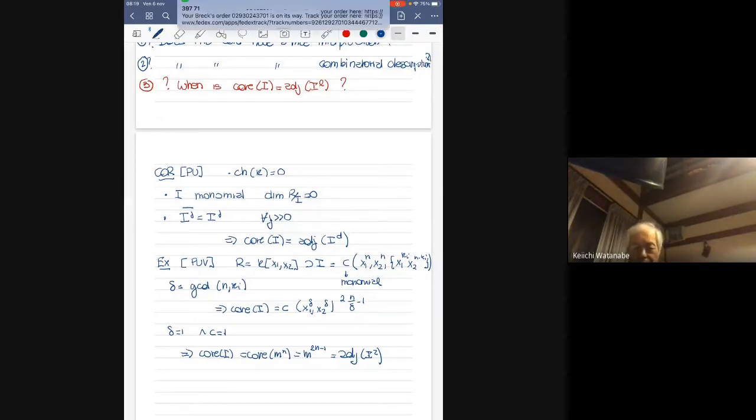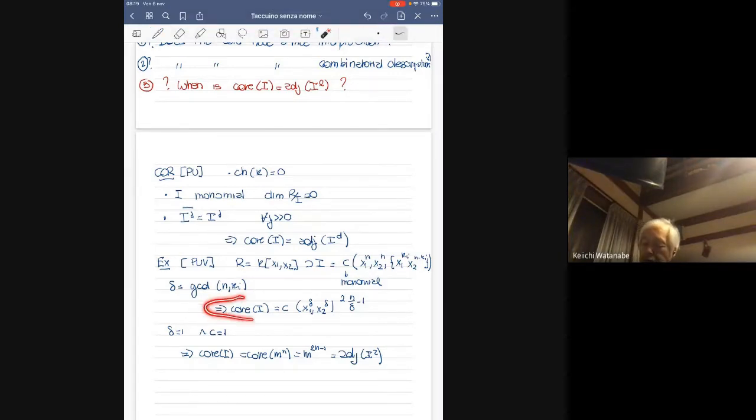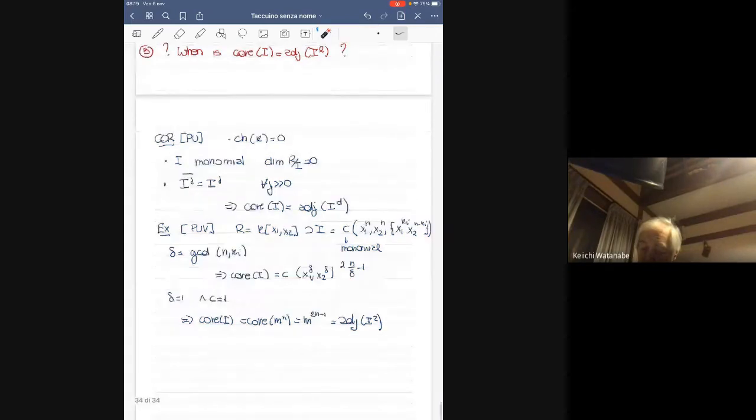And also there we give a nice description, very similar to this one, for the core of an ideal, just not assuming monomial, but in this case I'm in the monomial case, so I just want to state this.